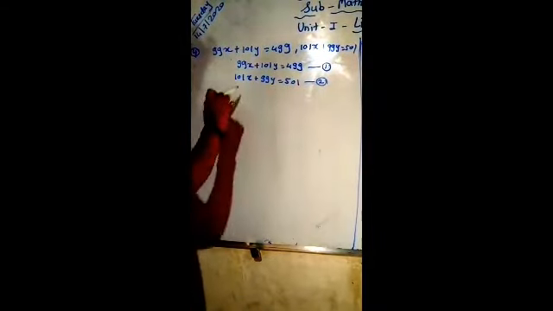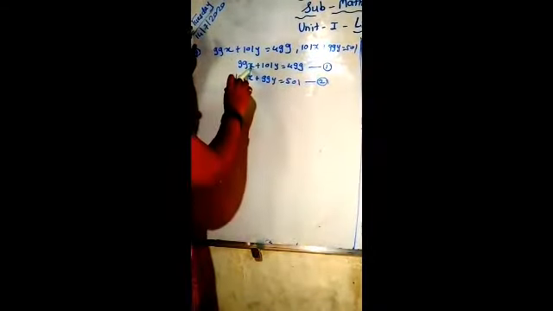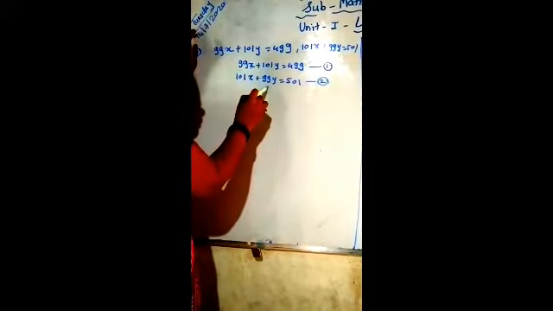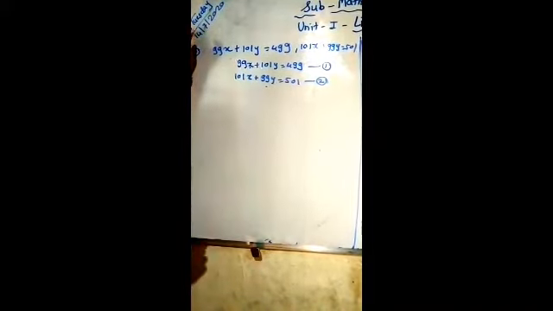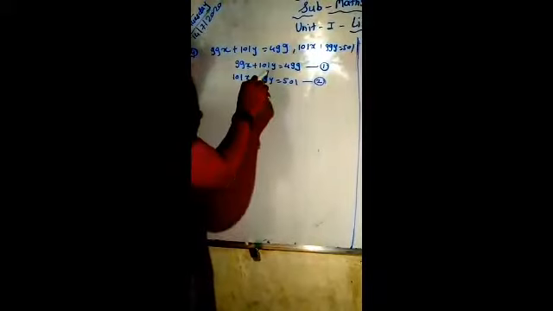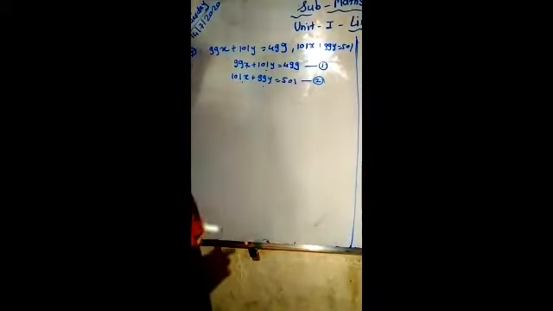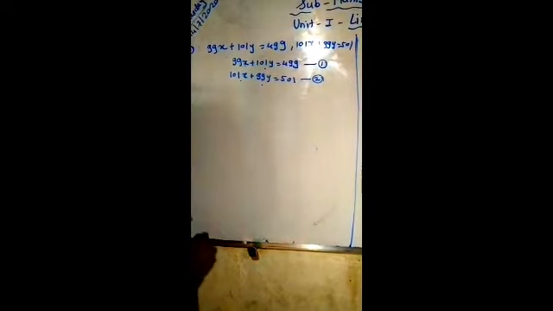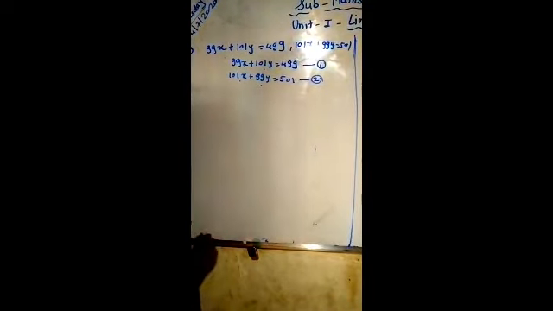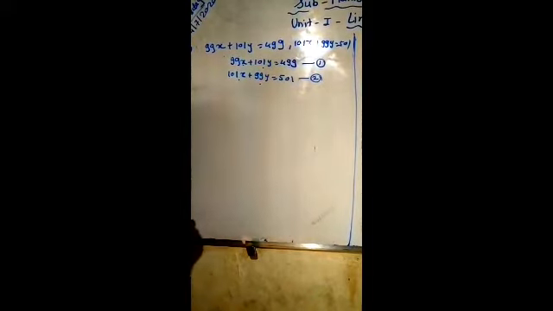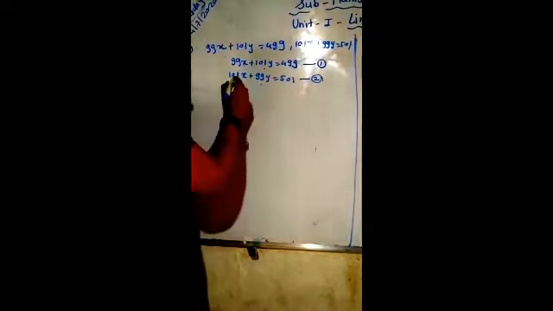Here the coefficient of x in the first equation is the coefficient of y in the second equation, and the coefficient of y in the first equation is the coefficient of x in the second equation. So in this type of equation solving, we have to first add these equations and then subtract.